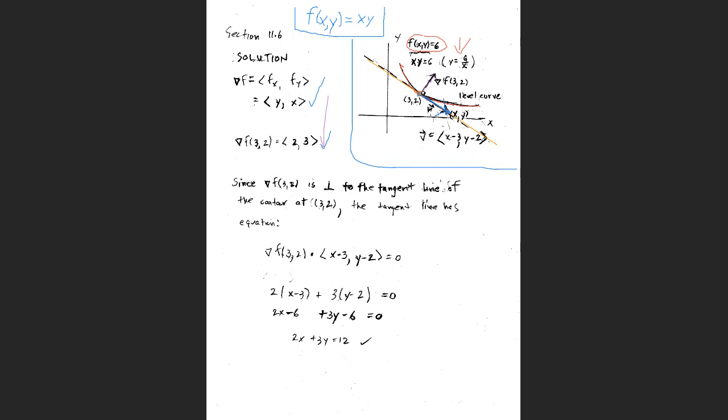So the gradient of the function at 3, 2 is, what's this symbol mean? What does that symbol stand for here that I'm circling?